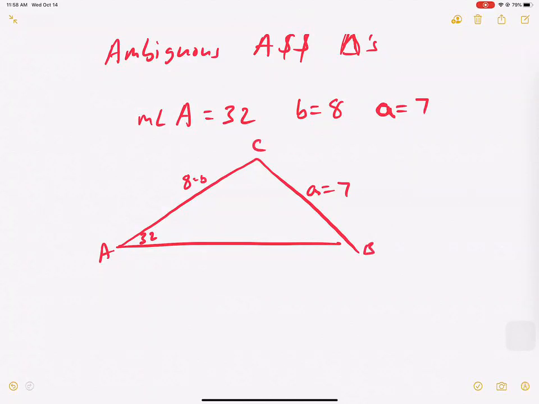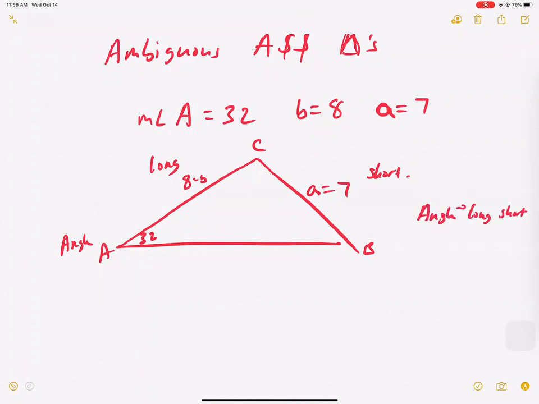Now, this happens in this special case. ASS is if it's angle, long, and then short. This is the only time ASS gives you two triangles. So angle, long, short.